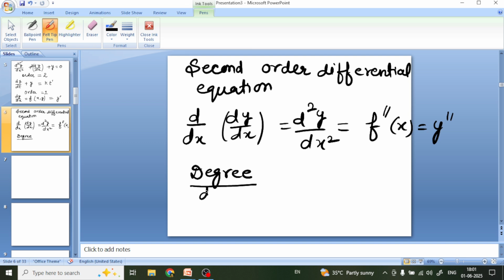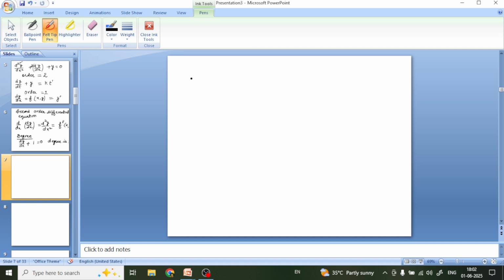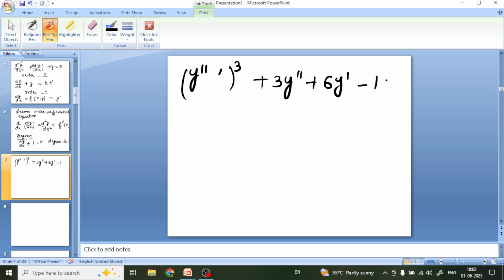If you are given dy over dx plus 1 equal to 0, here the degree is 1. If you are given y dash dash whole cube plus 3y dash dash plus 6y dash minus 12 equal to 0, in this case the degree will be 3.